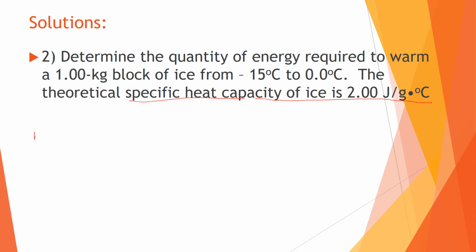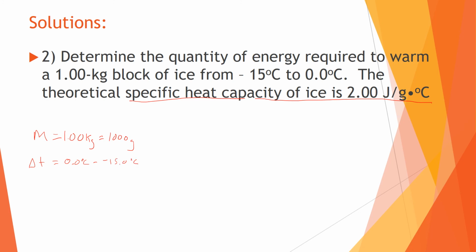We have a 1 kilogram block of ice. Now again, I can't use kilograms, so I have to convert it to grams. My delta T is final temperature minus initial temperature. So the final temperature is 0.0 degrees Celsius, the initial temperature minus minus 15.0 degrees Celsius.